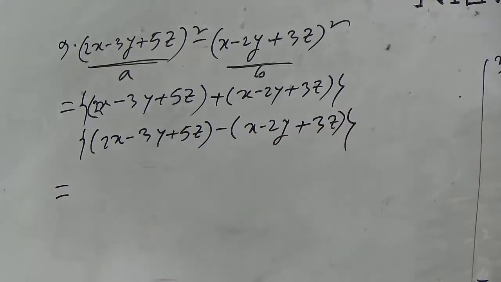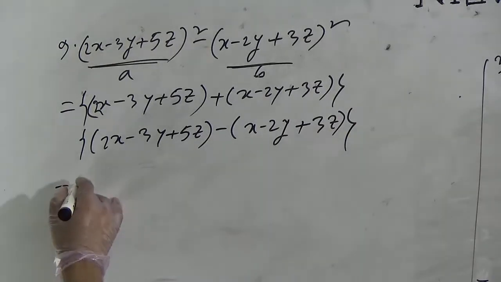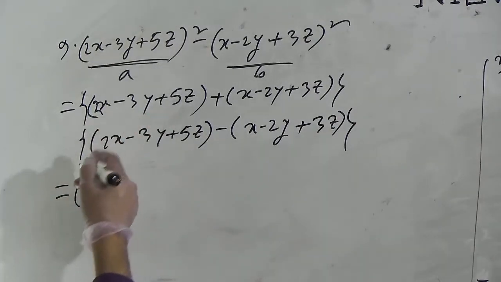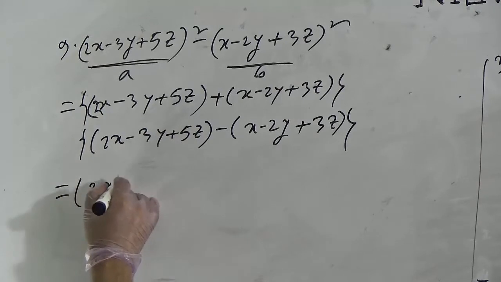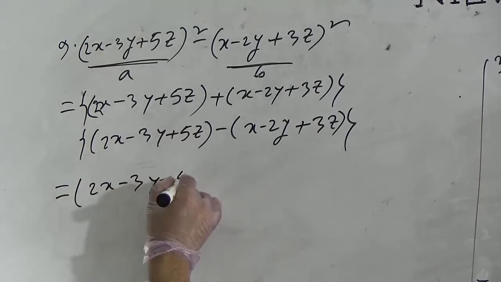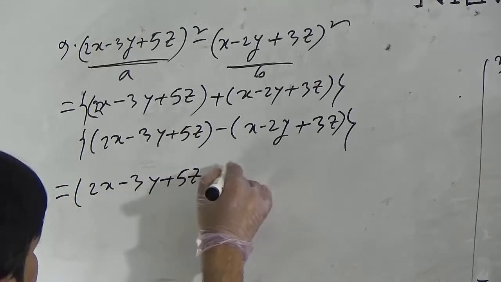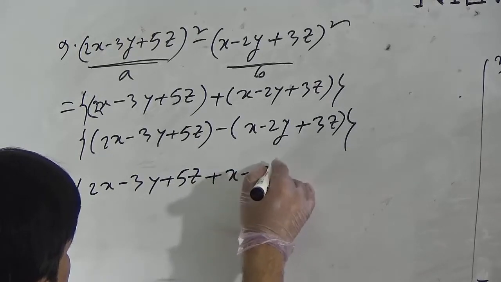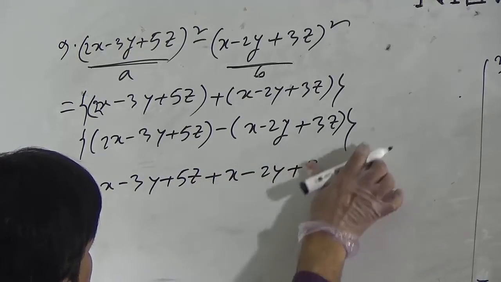So we can write this, removing the first bracket, 2x minus 3y plus 5z plus x minus 2y plus 3z.